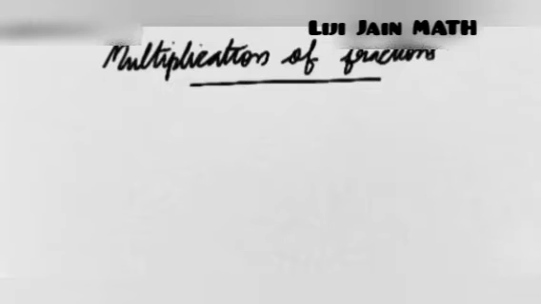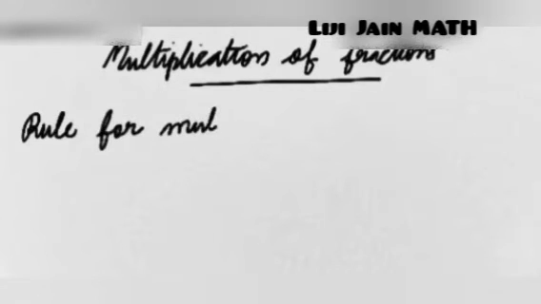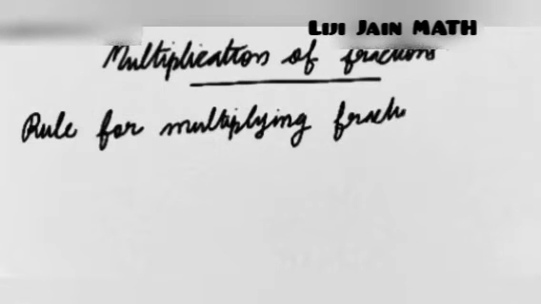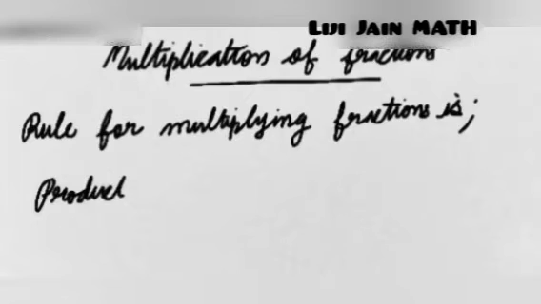Rule for multiplying fractions: the product of fractions is equal to the product of two fractions, two or more, not only two, any number of fractions.